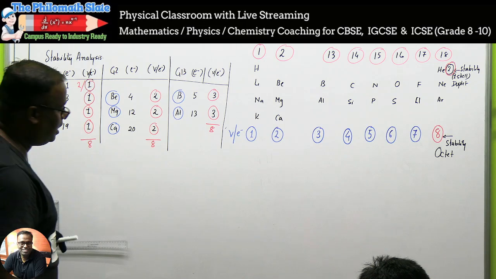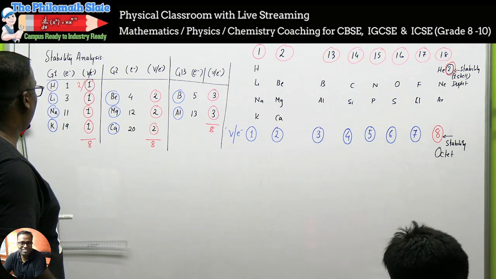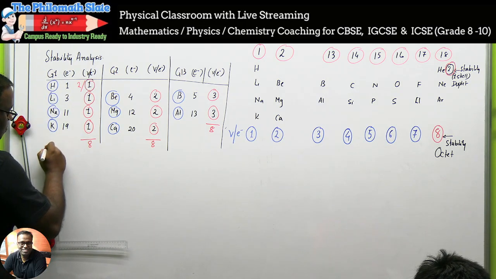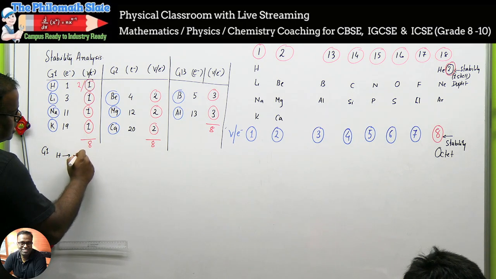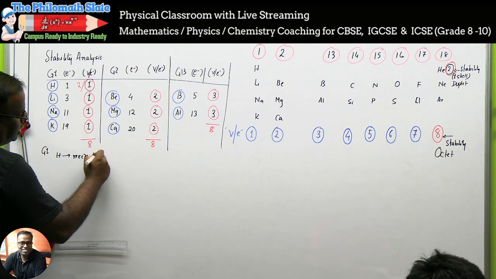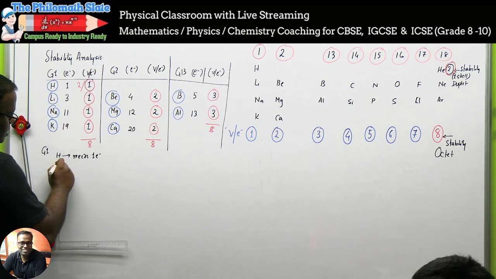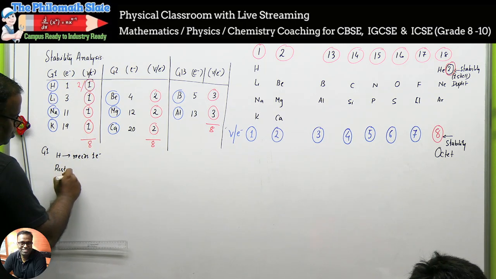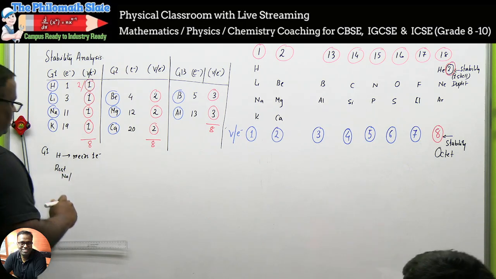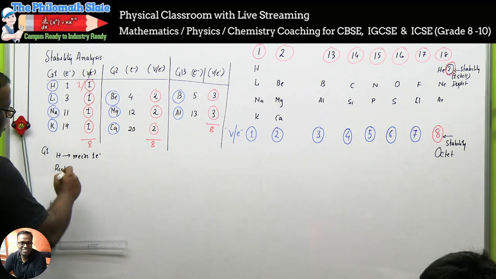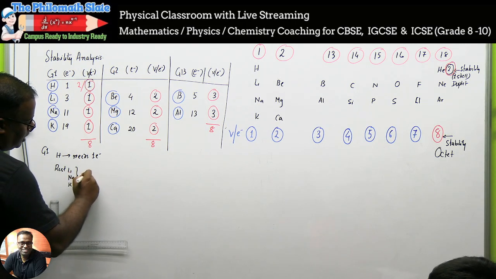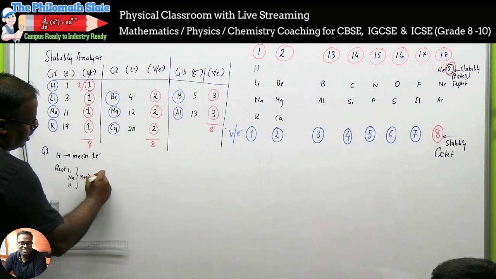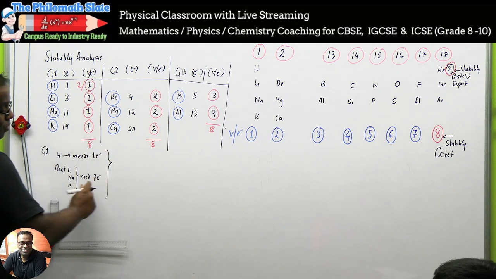Now to become 8, for group 1, hydrogen needs 1 electron, and lithium, sodium and potassium, all of them need how many? 7 electrons. इसका clear हो गया?